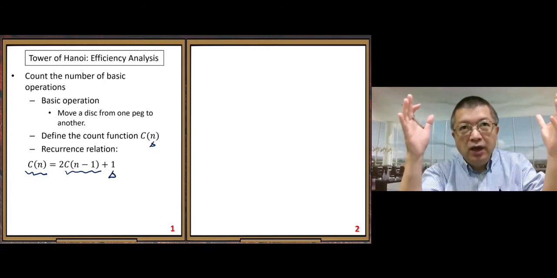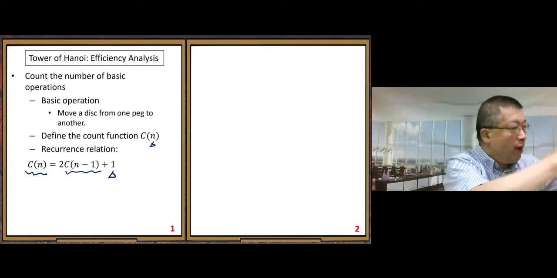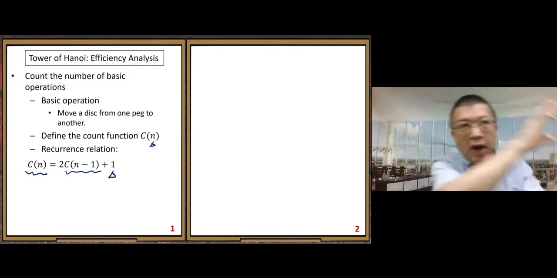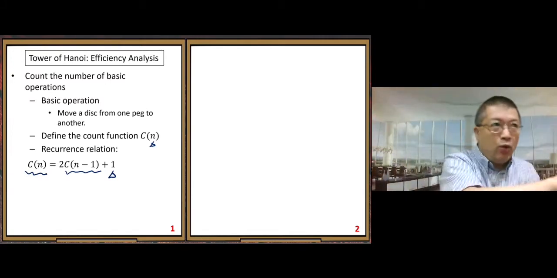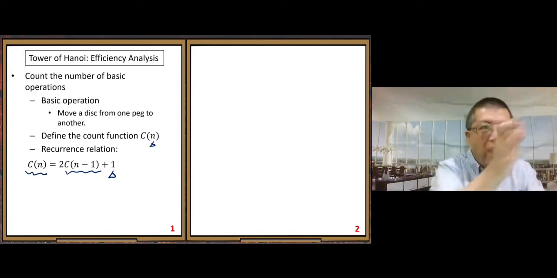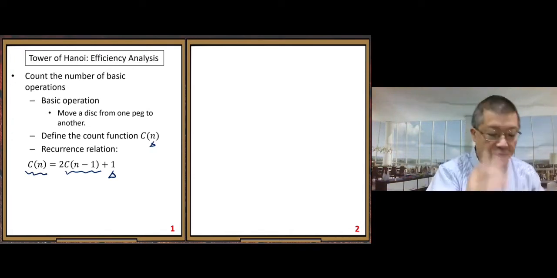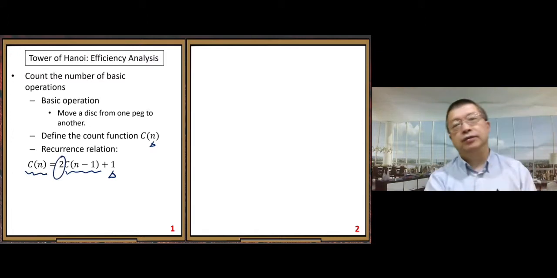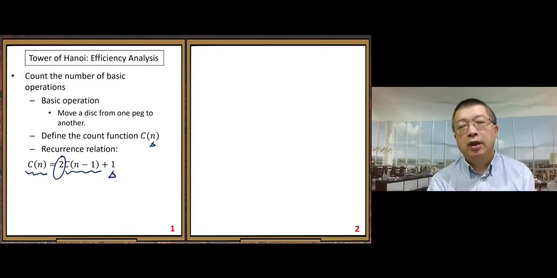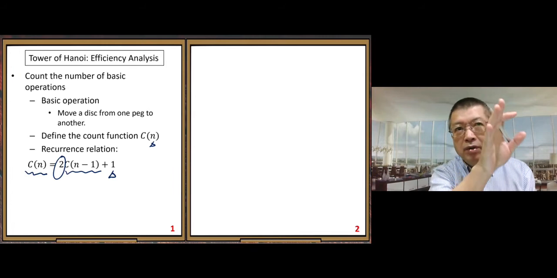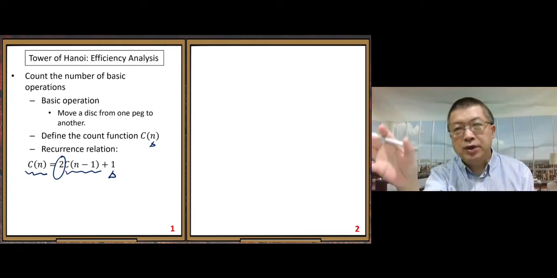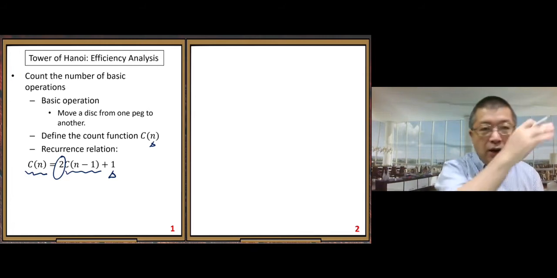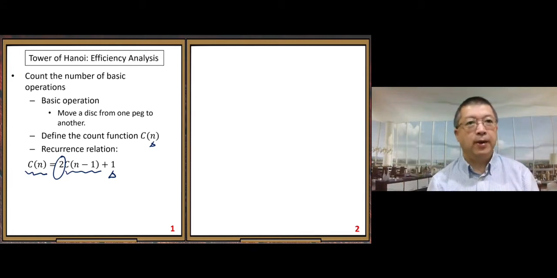After that, we move those n-1 disks back to the destination peg, repeating the whole thing for that n-1 problem another time. So we do twice: we solve that subproblem of size n-1 twice. So that is the recursion formula.